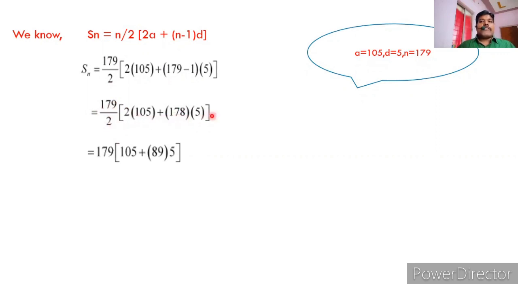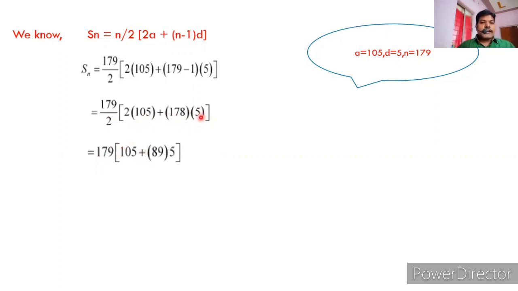In both the values you have the 2. You can take the 2 common, and it is 89 here. So just take 2 common from this step. It will become 105 plus 89 into 5. Cancel the 2 in the denominator. So you will get 179 into 105 plus 89 into 5.